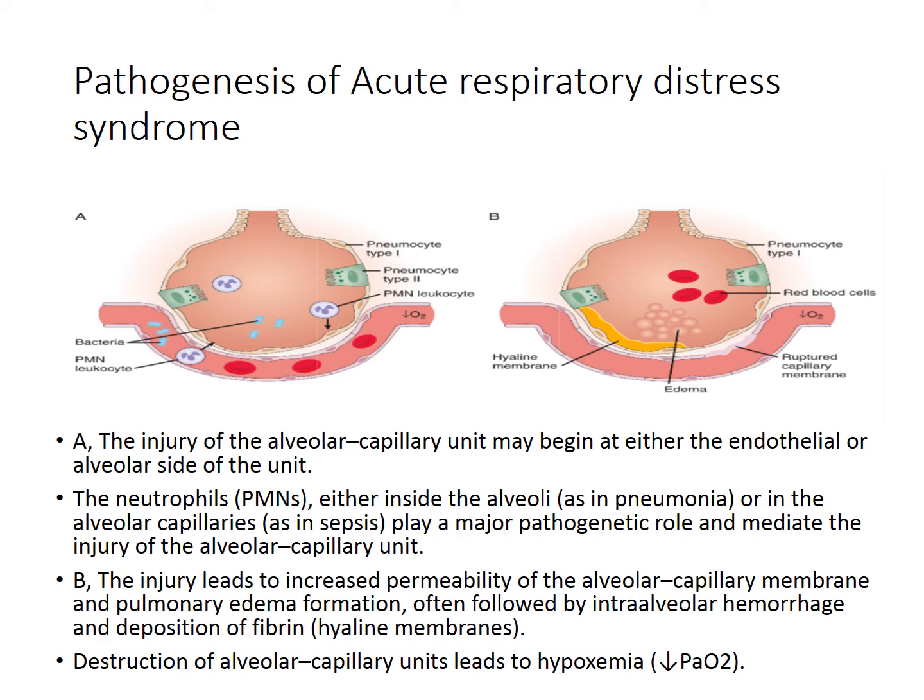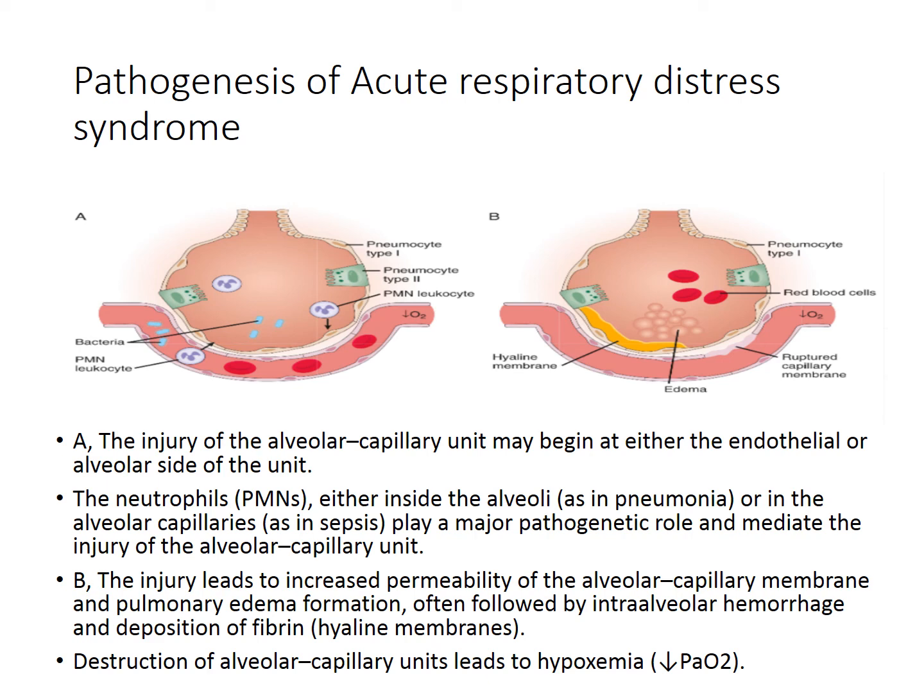Neutrophils adhere to activated endothelium and migrate to the interstitium and alveoli. They degranulate and release mediators such as reactive oxygen species, cytokines, and proteases. More leukocytes are recruited, causing more injury and repeating the cycle of inflammation.